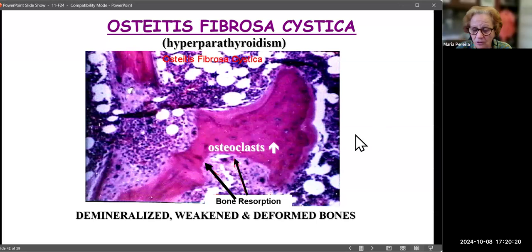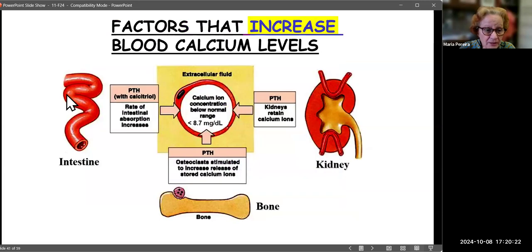Can you explain the role of the gut? Okay, so in the gut lumen there's calcium, because we eat, and the food has calcium. PTH and also vitamin D promote absorption of calcium from the gut into the blood.